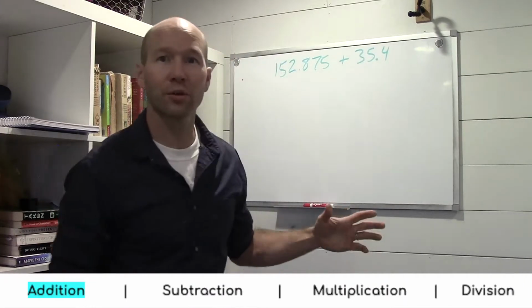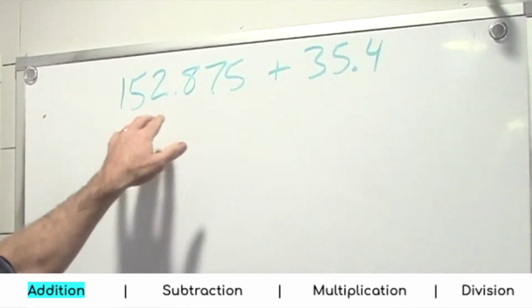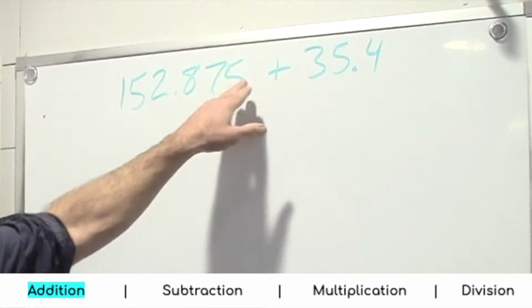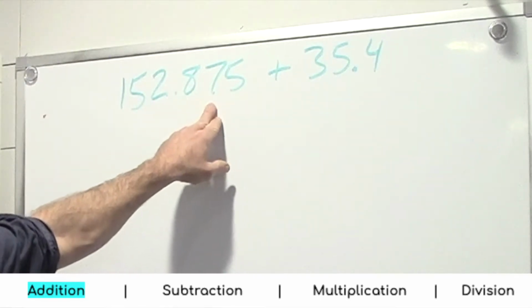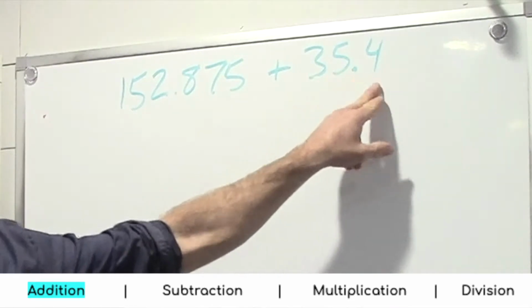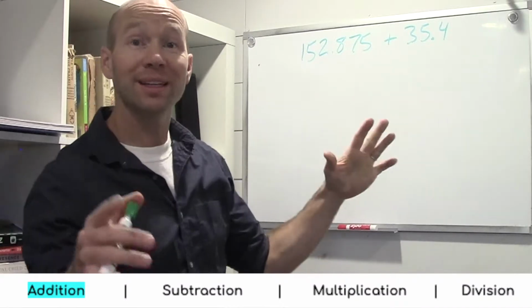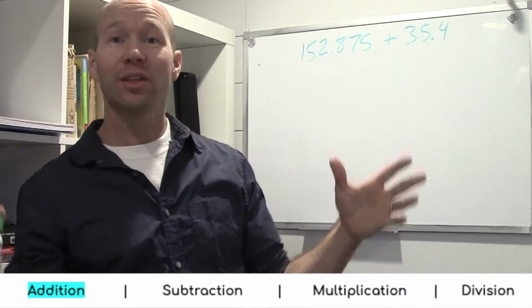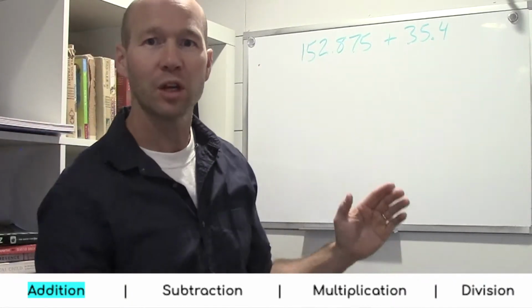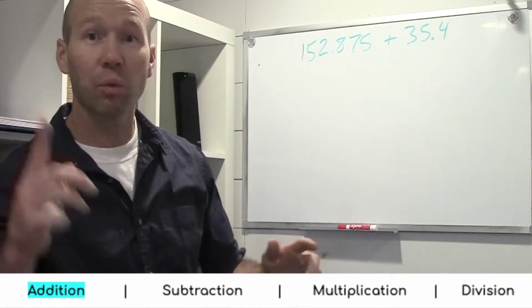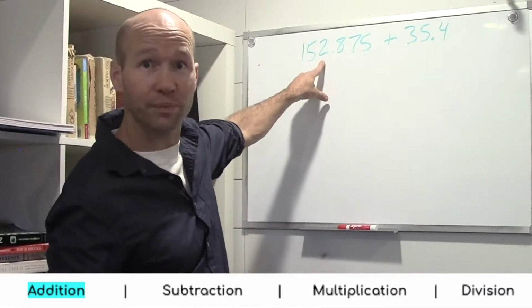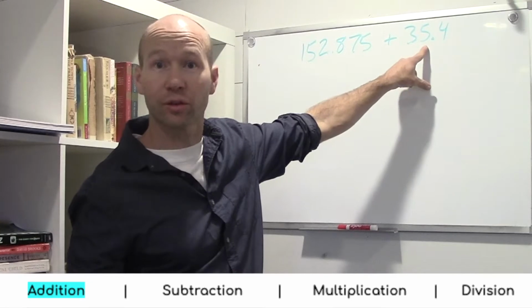All right, so we're going to start off with addition. We've got 152.875, so 8 tenths, 7 hundredths, and 5 thousandths, plus 35.4. Now we need to add the same values to the same values. We have to look at that place value so we can line that up together. I'm going to line up this 2 and this 5 together because those are the 1s.